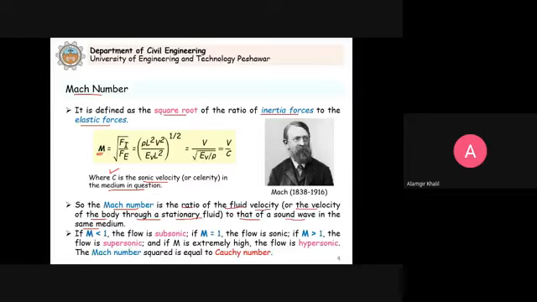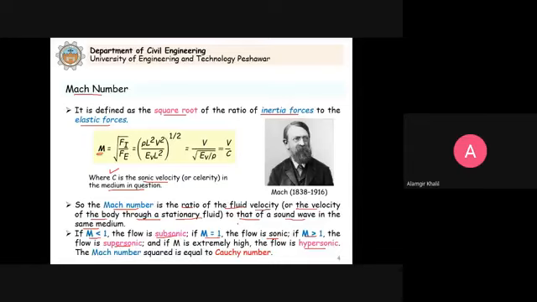Less than 1, the depth is more, so we expect the flow to be subcritical. Same is the criteria here. If you calculate the Mach number and it is less than 1, we say the flow is subsonic. If the Mach number is equal to 1, the flow is sonic. If it is greater than 1, the flow is supersonic. And if M is extremely high, it can be called hypersonic.